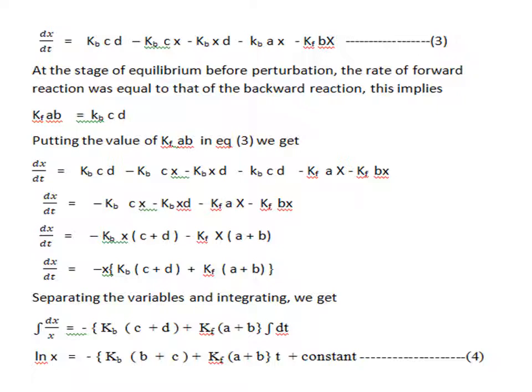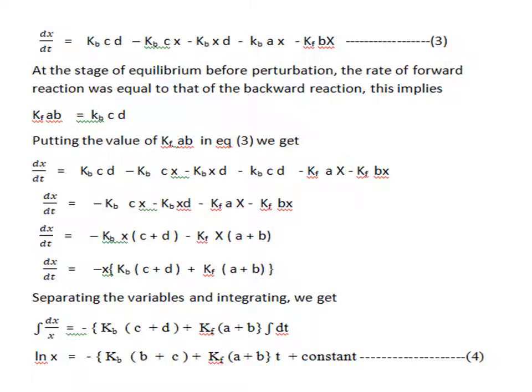Now the integration of dx over x is equal to log x. That will be equal to minus kb into c plus d plus kf into a plus b into t plus constant.